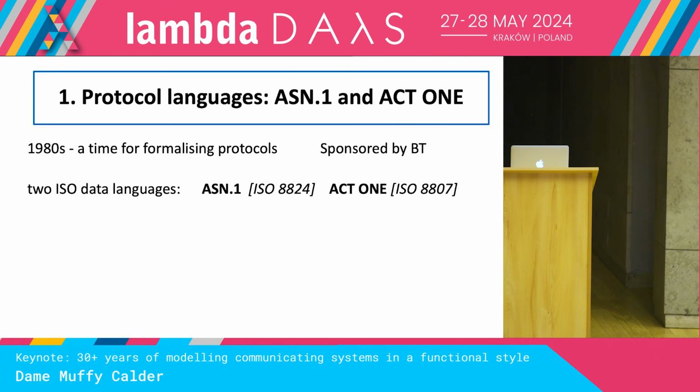Okay, so starting off, protocol languages. This is work that started in the late 80s, early 90s, and it's about ASN1 and ACT1. These are both protocol languages. They still exist. And this was work sponsored by BT. And there's an ASN1 user in the audience, at least one. Great. So these are 2 ISO languages.